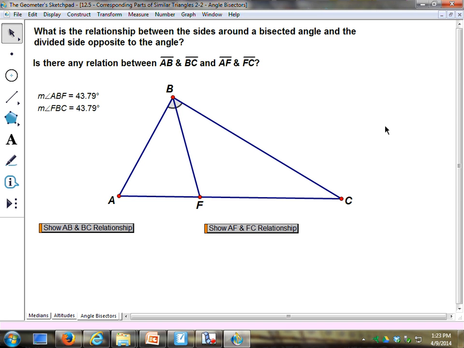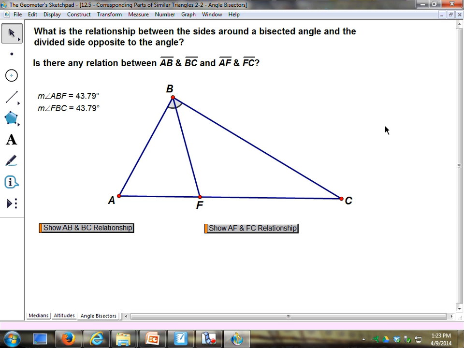What are the two segments created from that angle bisector? Good. AF and FC. So there's a certain relationship between BA, BC, AF, and FC.